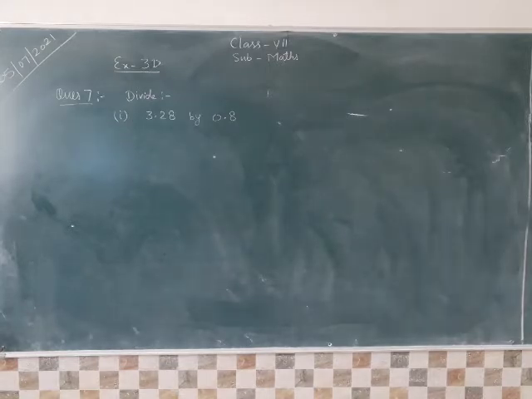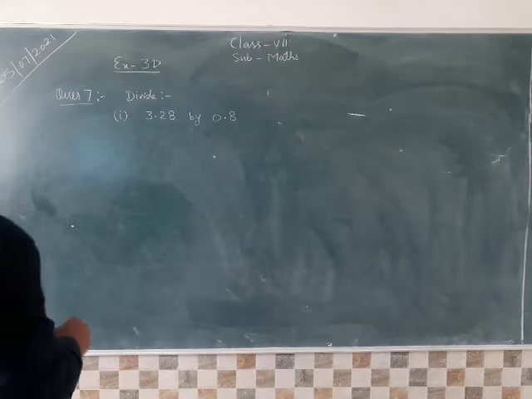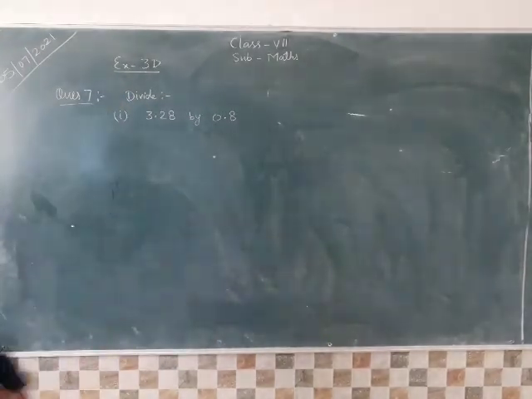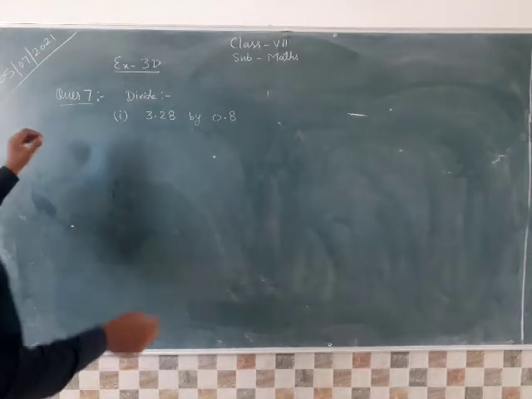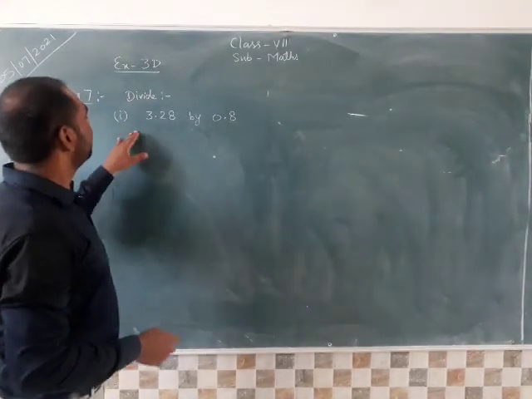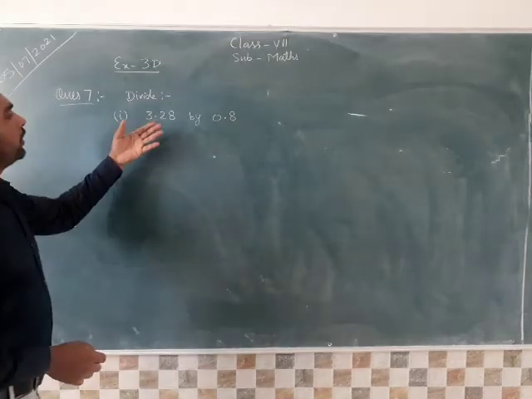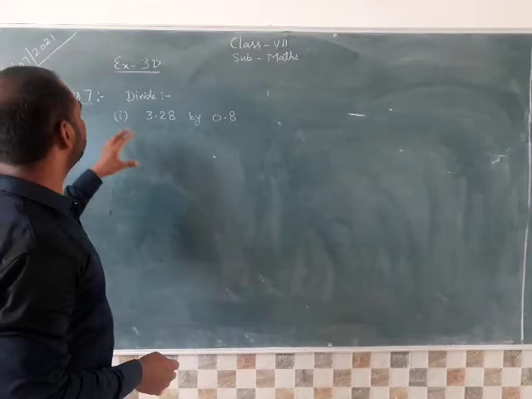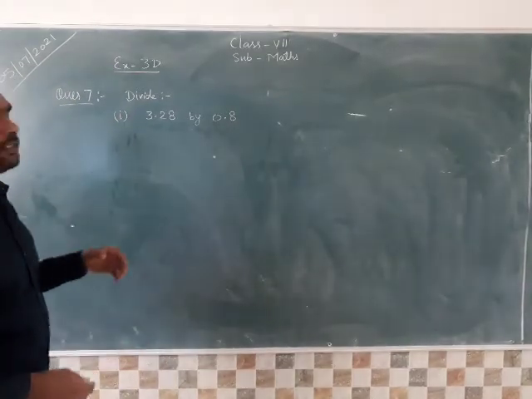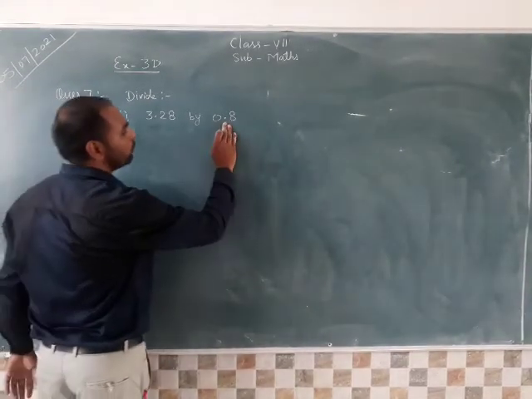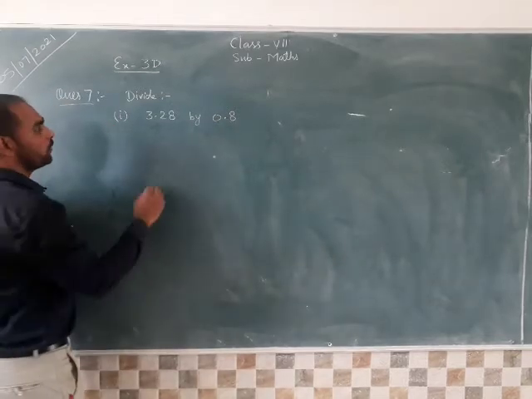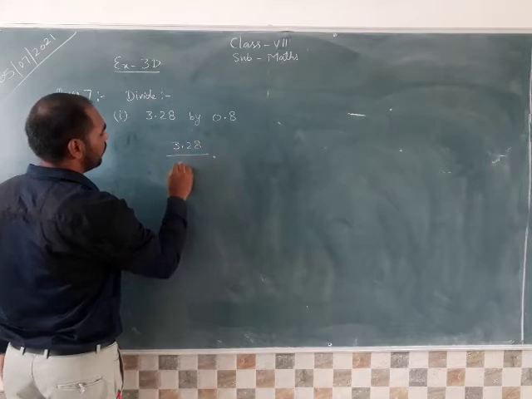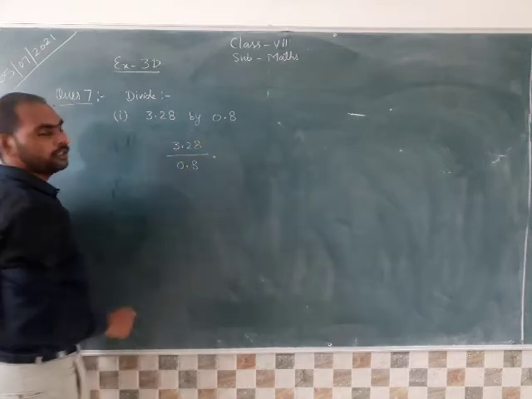Question number 7 is also related to division, and first part is 3.28 by 0.8. Actually in this question there is point in both dividend and divisor. So first we will convert this question as question number 6. We will remove point of the divisor. For this we will write 3.28 as numerator and 0.8 as denominator.